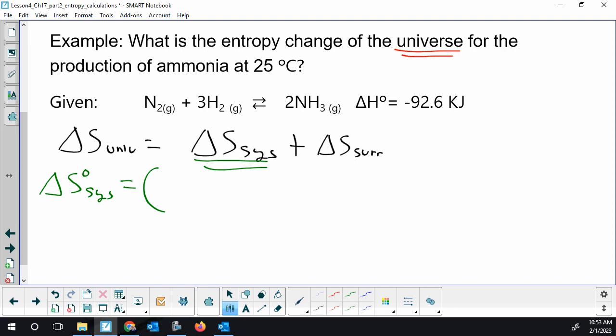values. So we start with products, so we have 2 units times 193 joules per Kelvin. And then in AP we go per mole. Minus, we're done our one product, we've got 2 reactants.